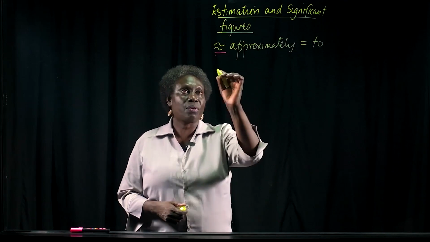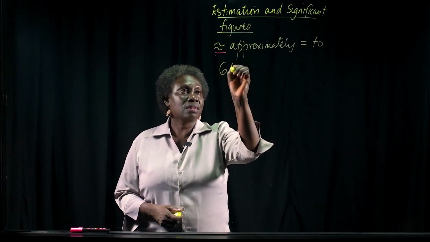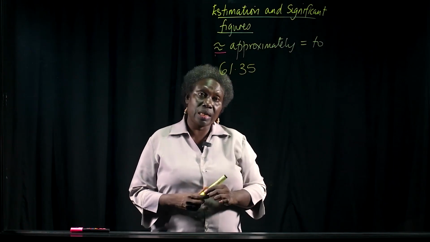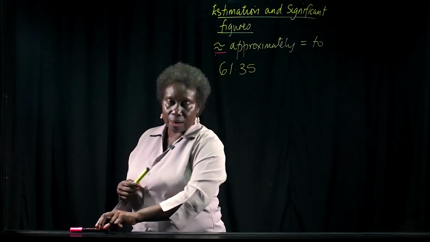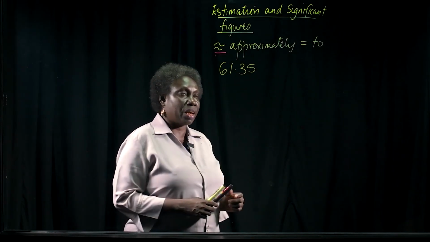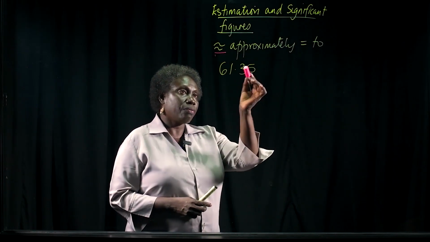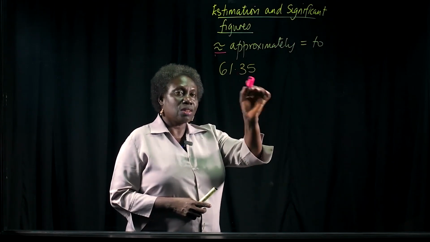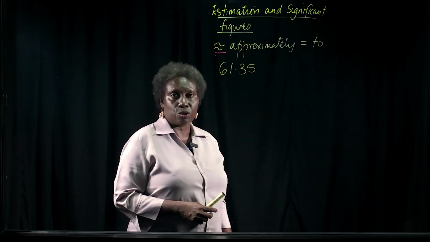Okay, let's look at the first one. I have 61.35. I want to round this to the nearest whole number. What is it going to be? When we are rounding numbers, we always look at the next digit after the one that you are going to round off.